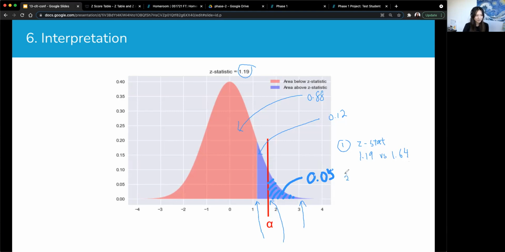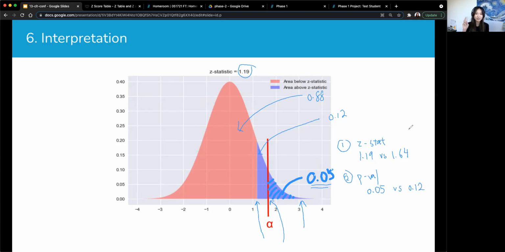The other way you can do it is using the p-value, or your probability. We start with our alpha of 0.05, and then we looked up our associated p-value. So the threshold we had to start with was 0.05. We want to compare that with our area here of 0.12.